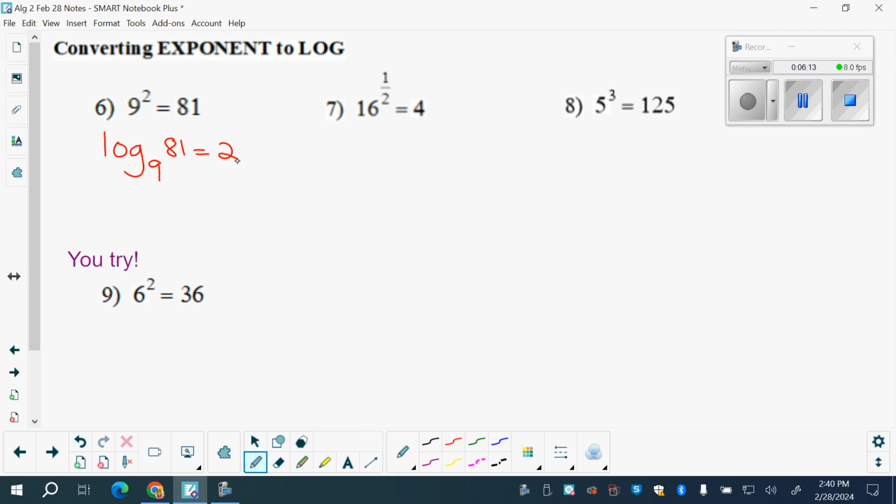So 2 is always your answer, the exponent. The exponent is always the answer for a log equation. So this would be log base, what? 16 of, somebody want to take a guess, of 4 equals 1/2.